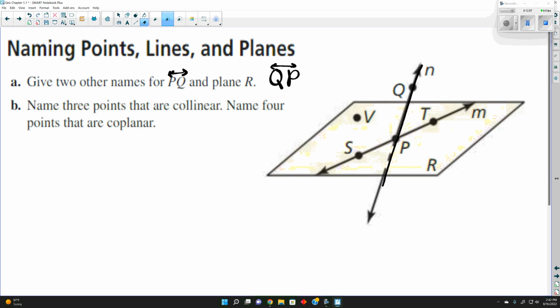So using this notation and this terminology, they can describe it and we can talk about it without actually having a picture to represent it. We know what we're referring to. So QP is another way to name it. We also have the little N up at the top near the arrow. So what we can call it is line N.